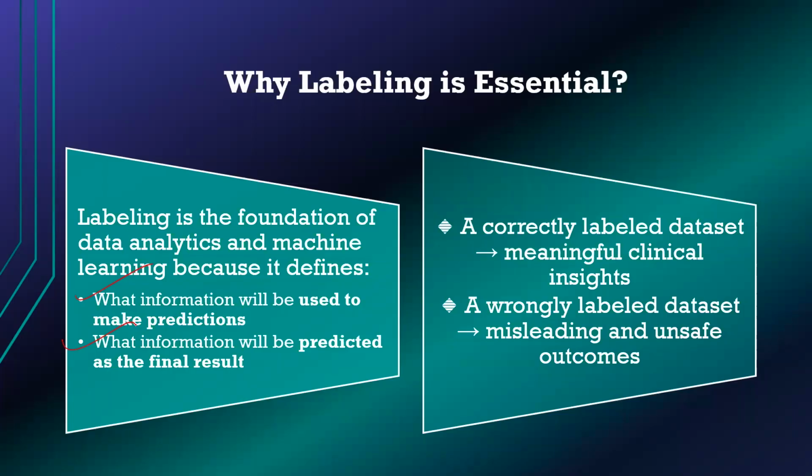When everything is labeled well, both ways you can make decisions perfectly, like what contributing variables we have and what final outcome variable we have, based on your hypothesis, because every research starts with a certain hypothesis. And even if you are deploying a certain automated AI-based system in a hospital environment, that also will have some hypothesis behind it, like based on these patient parameters it has to predict this thing.